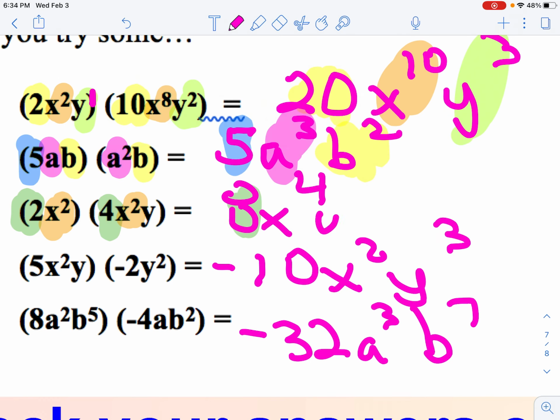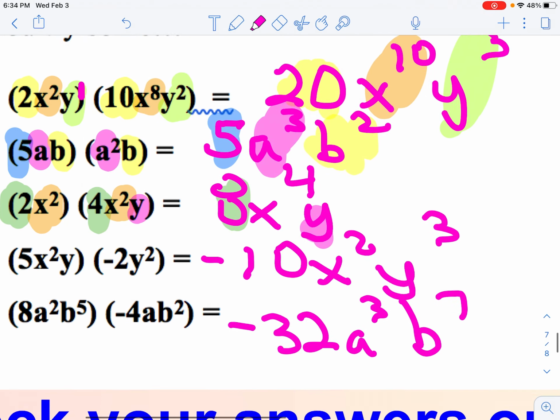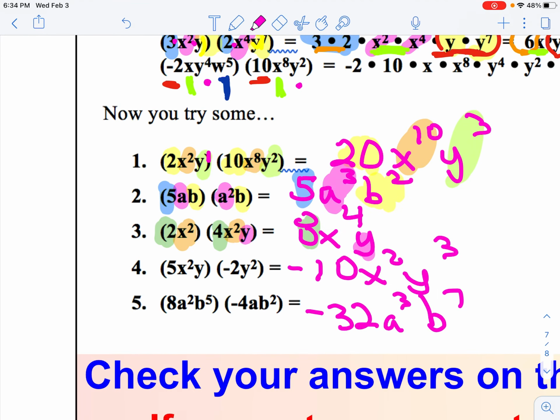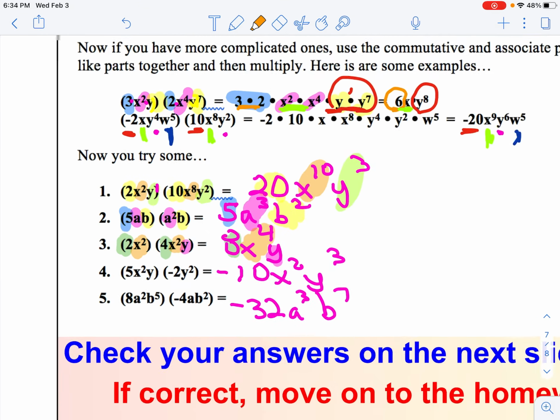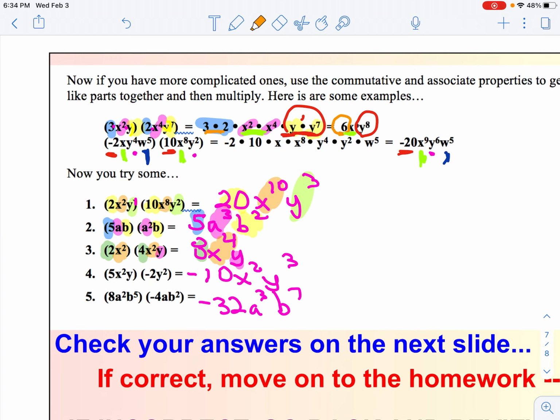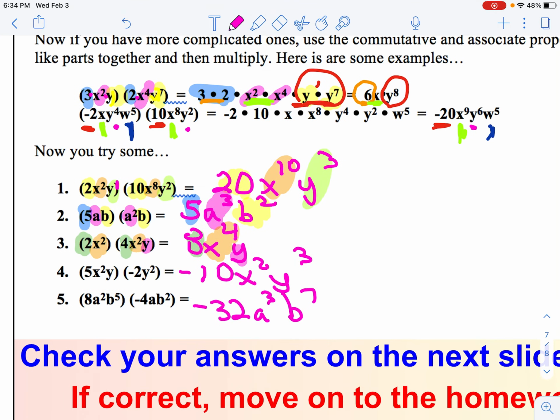And it looks like I have a simple mistake here, that this should also be a y with that as well, because now I have this y being multiplied on its own. So, apologize for that. It happens. There we go. All right, moving on to number 4.